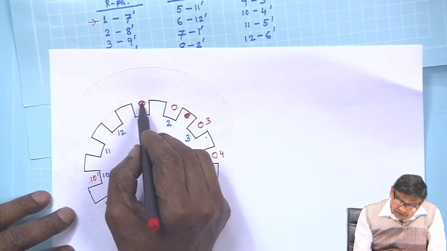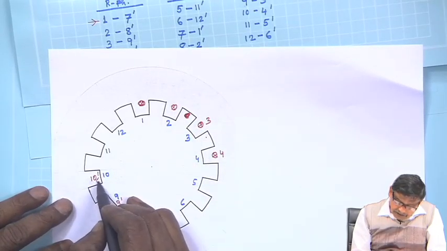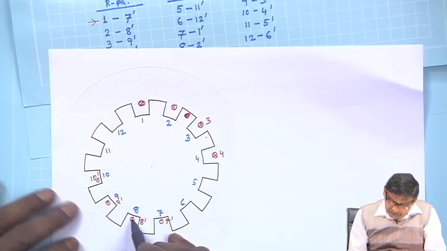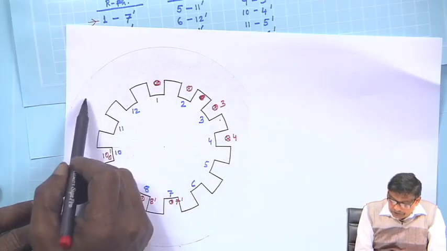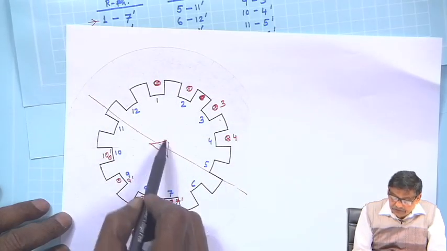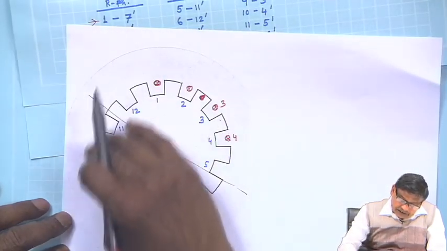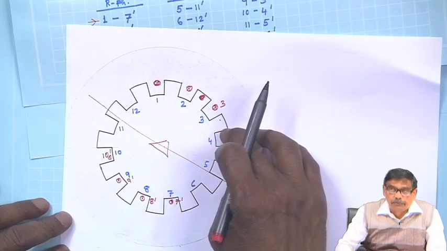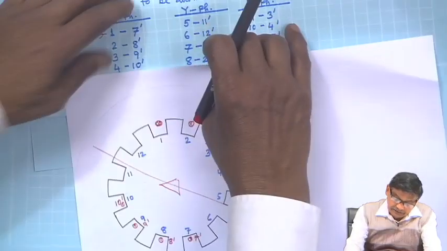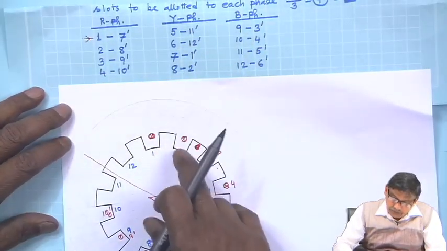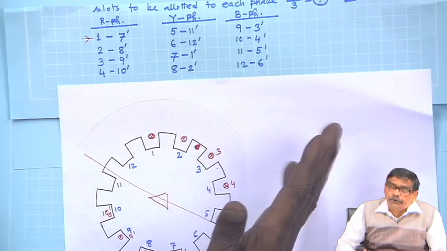Therefore, these will be all cross, cross, cross, cross, others will be dot, dot, dot and dot, and as expected 2 poles will be produced like this, lines of force will be like this. So, this side will become north pole of this iron, half and half south pole. In exactly the same fashion, if I wish I can put other conductors for Y and B phase, each one of them has to produce 2 poles and they will produce it.